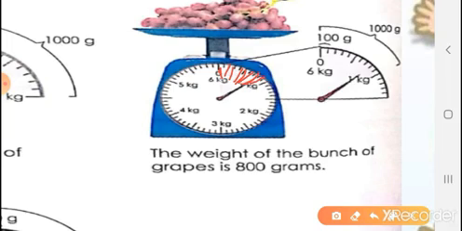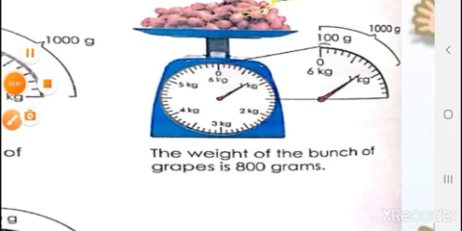So here the weight of the grapes is 800 grams. That is less than 1 kilogram. So the weight of the bunch of grapes is 800 grams.